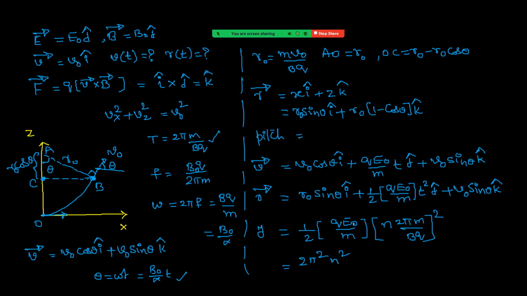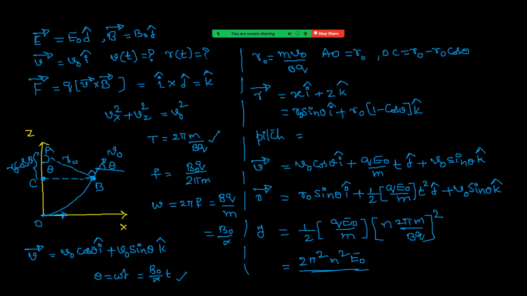We are having E naught, which is a constant. Numerator 4 by 2, 2 pi square n square, E naught.